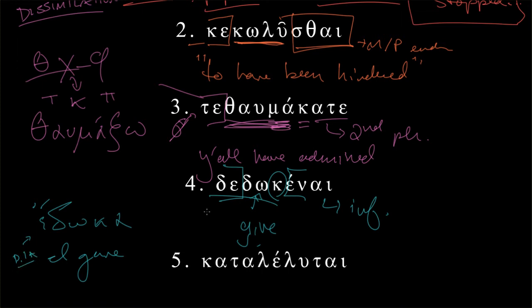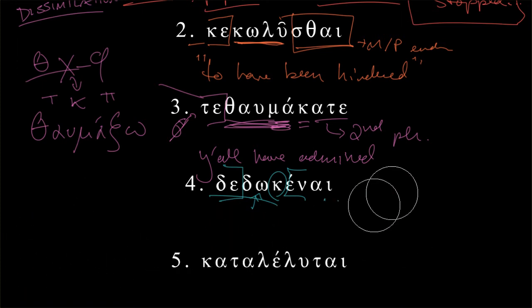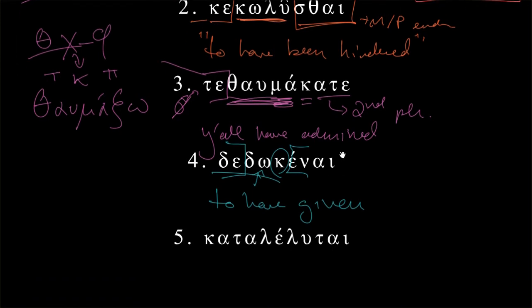That's not part of reduplication. Dedokenai, especially with this ending, because that's a perfect infinitive ending, is clearly going to be our perfect infinitive active of the verb to give. So, to have given. It is better to have given than to have received. Something like that would be a way that you could use dedokenai in Greek.